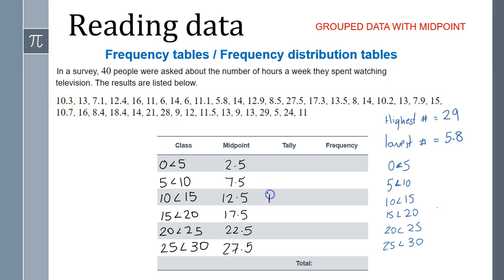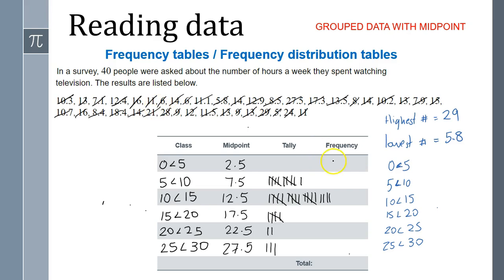So 10.3, there's one there. 13, there's one there. 7.1 goes in there. 12.4 goes in there. 16 goes in there. 11 goes in there. 6. Okay, 1, 2, skip a few, 99, 100.